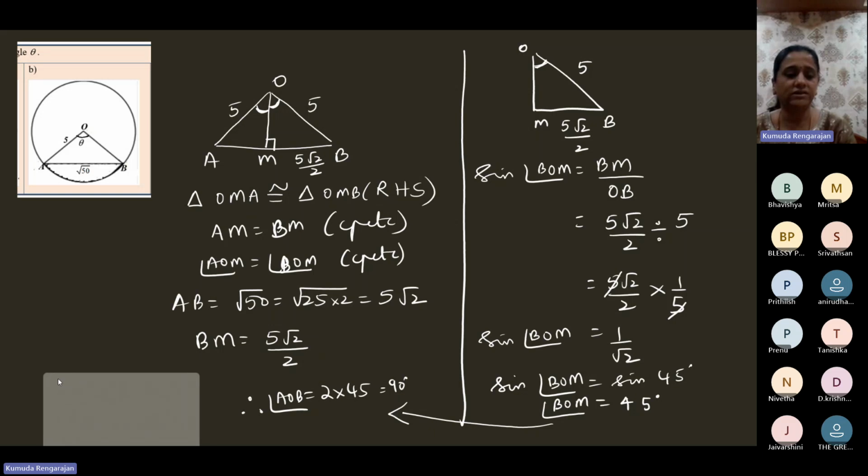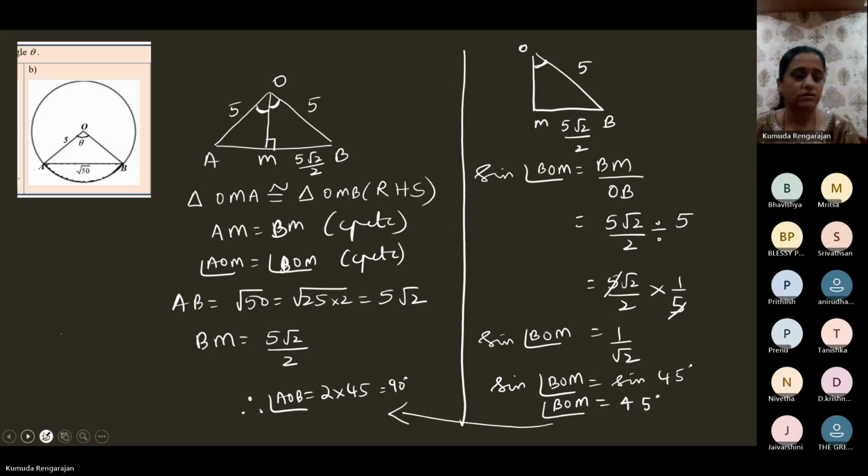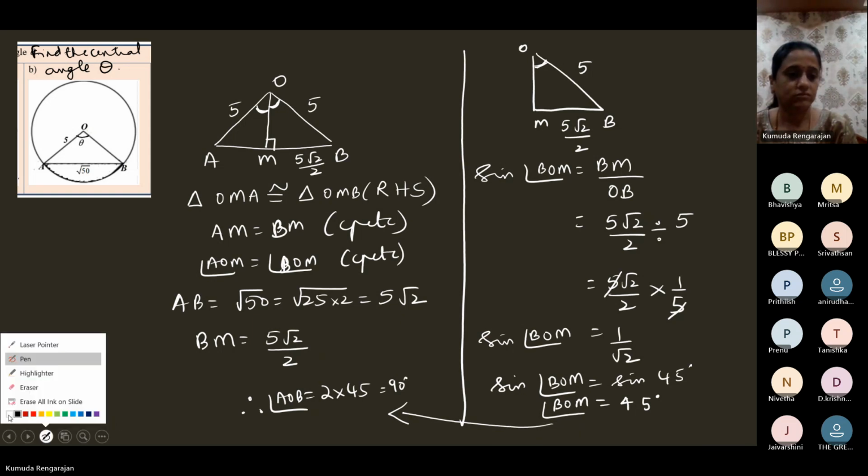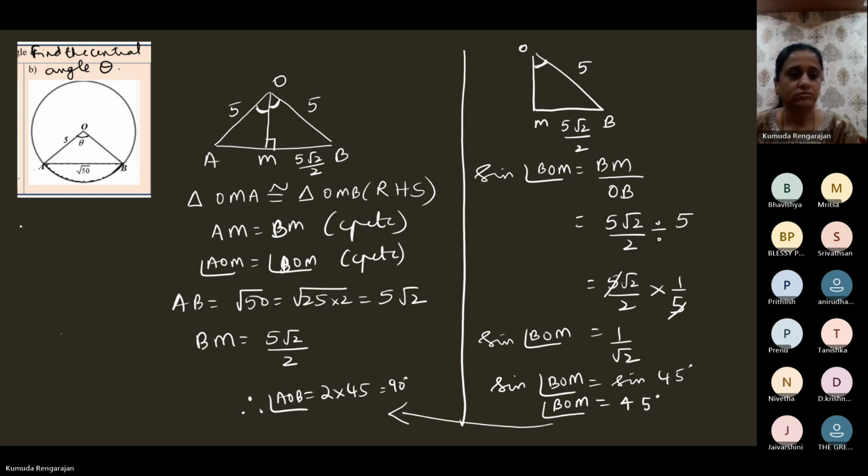Same heading, find the central angle theta. You know, if OA is 5, OB is also 5.